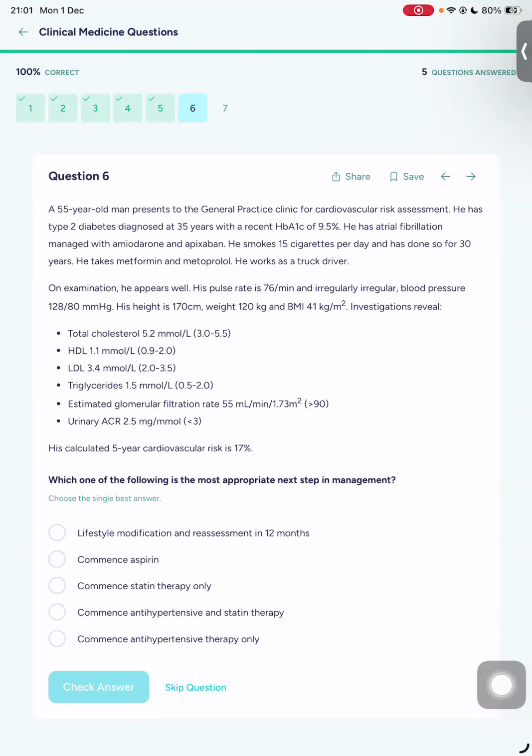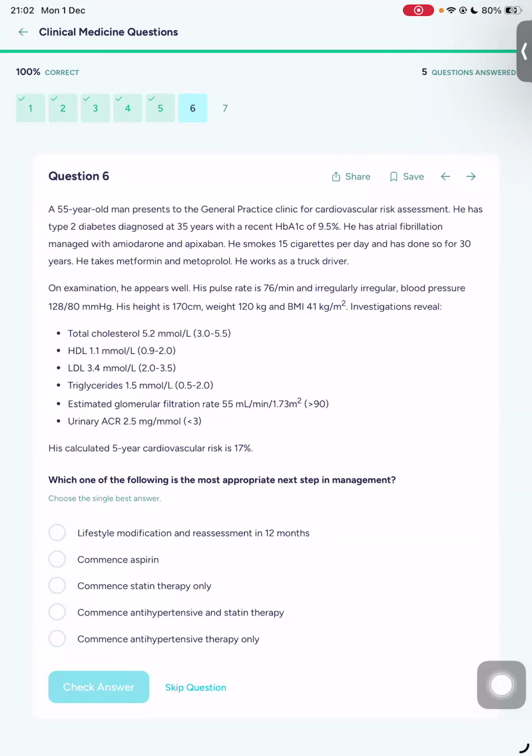Pulse rate is 76 and irregular. Blood pressure 120 by 80. Height 170 centimeters. Weight 120 kilograms. BMI is 41.